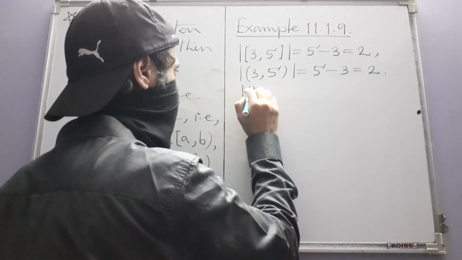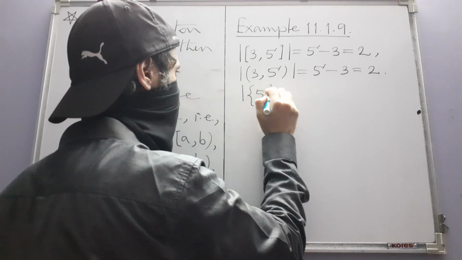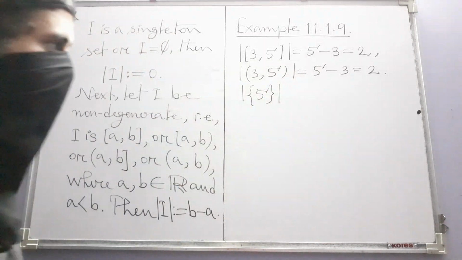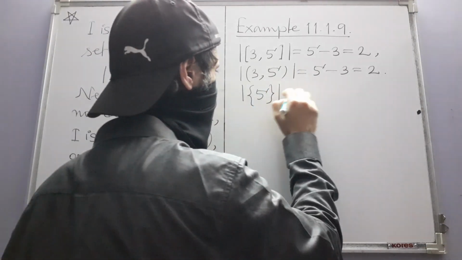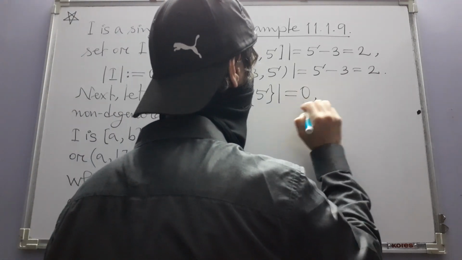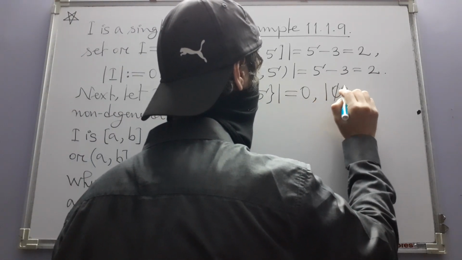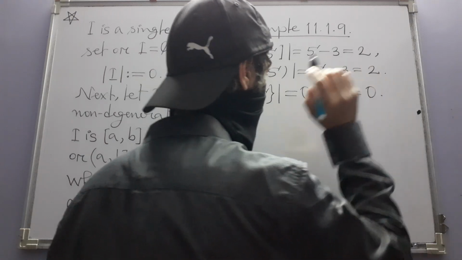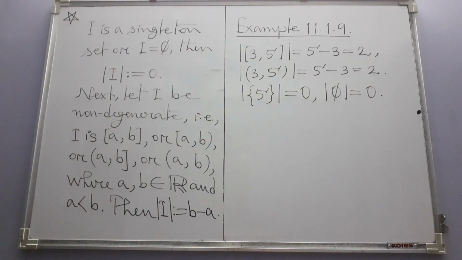If you go to degenerate intervals, for example this singleton set, then its length by definition is 0, and the length of the empty set is also 0.